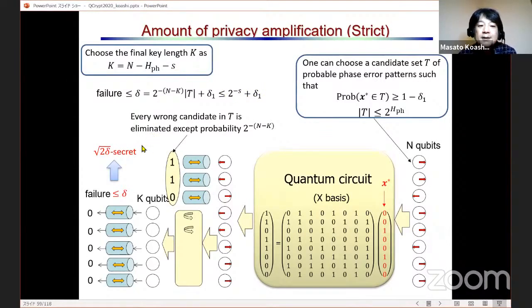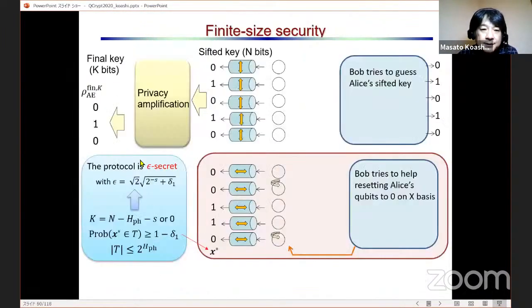So you can make your final key secret as good as you want. So this summarizes the point. In the actual protocol, privacy amplification is done to shrink the qubits, but Bob could have done something to help Alice reset these qubits to reduce the number of phase errors here.